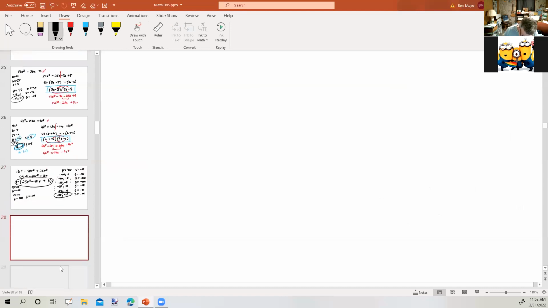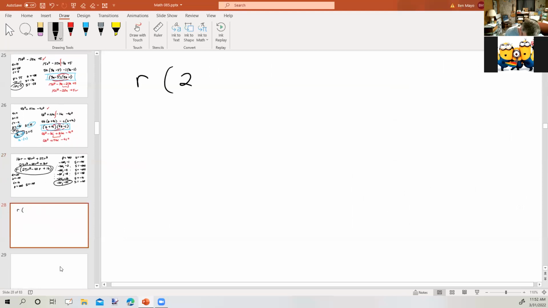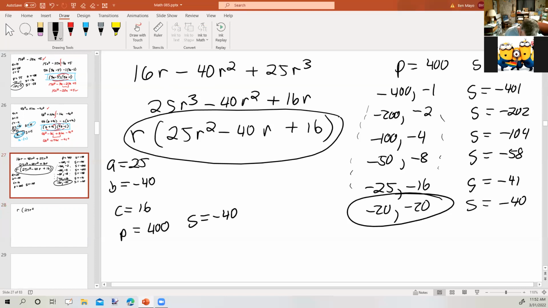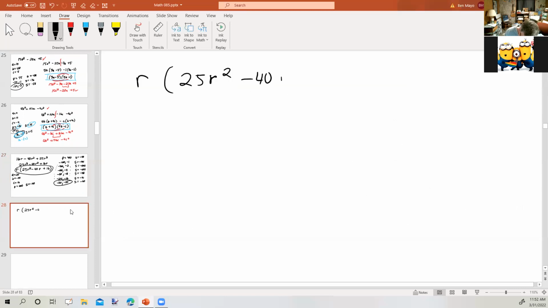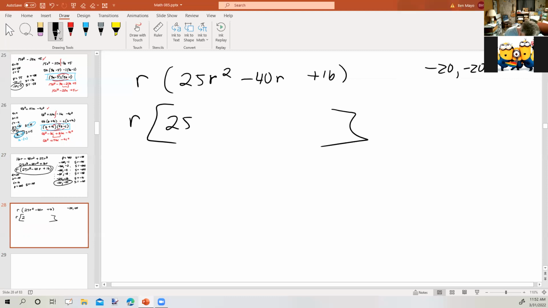Yeah, let's do that. So we get r times 25r squared minus 40r plus 16. And we came up with the two numbers both being negative 20. Okay. So I'm going to get r times 25r squared minus 20r minus 20r plus 16.